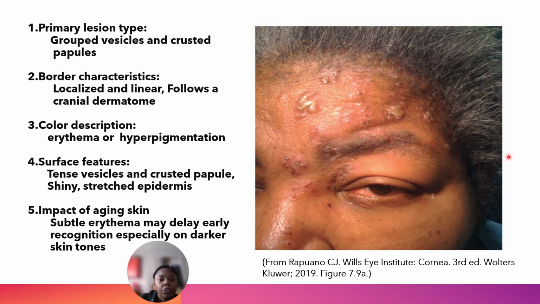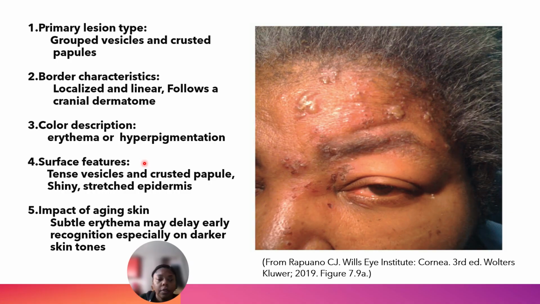And the third picture is shingles on dark skin, which still has crusting. You can see her crusting clearer, and she still has blisters. They're still grouped following the same dermatome in one area. They're localized to that area.